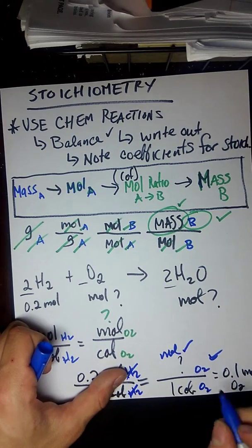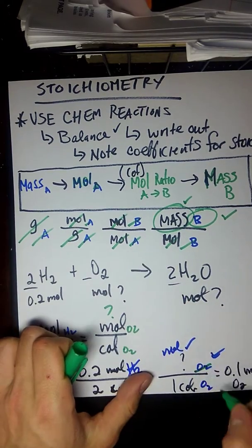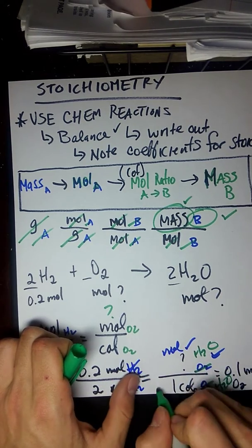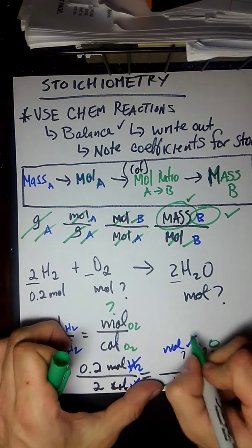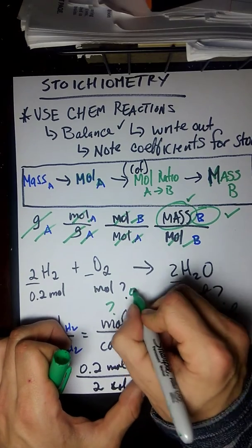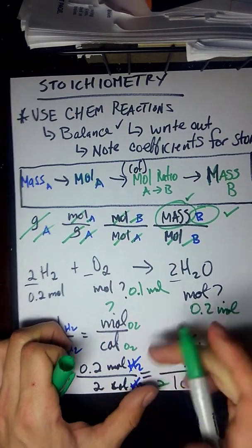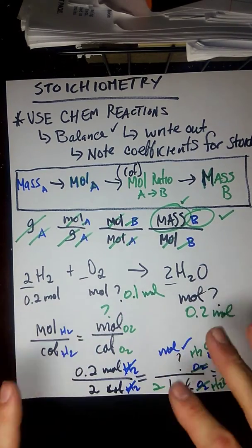Now if I wanted to solve for H2O, it's literally just going to be H2O over its coefficient of 2. Well, 2 over 2 is 1, so it's literally 0.2 moles of H2O, 0.1 moles of O2, because I'm literally just taking ratios here. It's very, very basic in this regard.